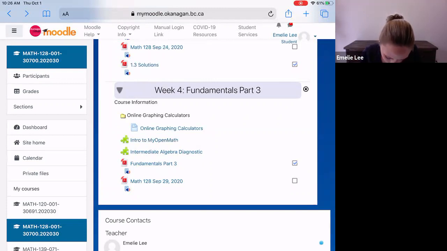Anyways, there's an intro to My Open Math, which is just how do you do stuff in this program, which is called My Open Math, or MOM. I think it's so funny when they call it MOM. But then there's an intermediate algebra diagnostic.